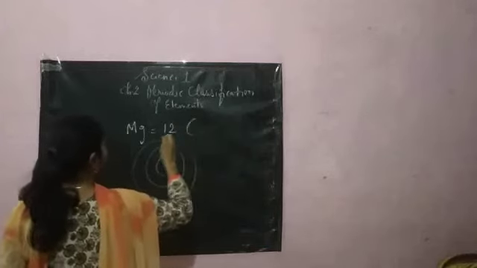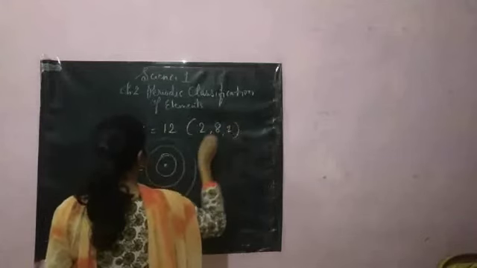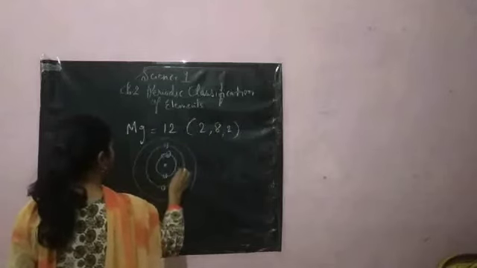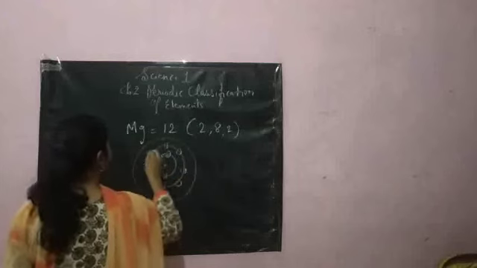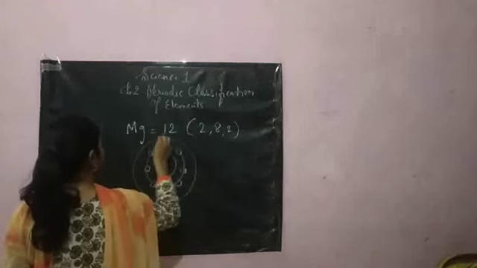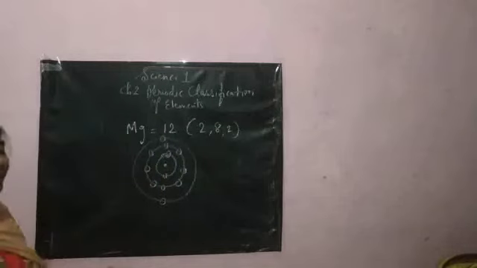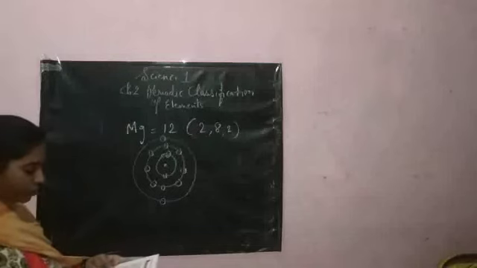The electronic configuration of magnesium will be 2, 8, 2. First shell will consist of 2 electrons. Second shell will consist of 8 electrons. And third shell will consist of 2 electrons. Now what will happen over here?